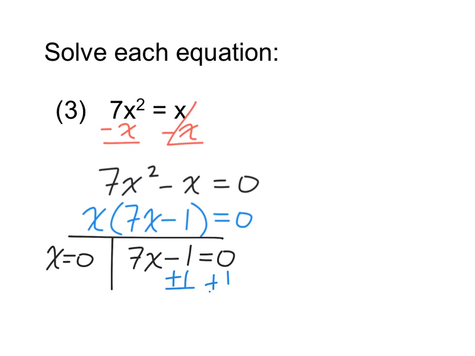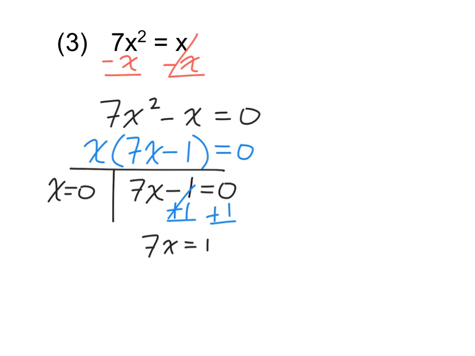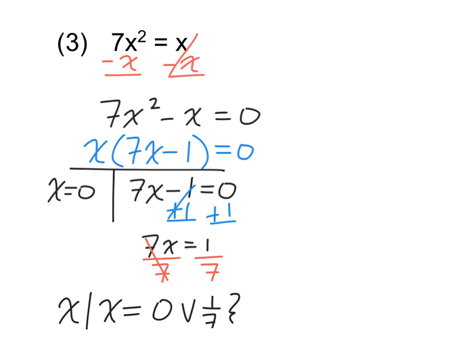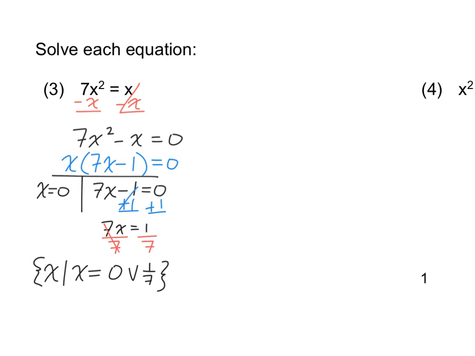Add 1, then divide by 7. All right. So we'll get 2 answers, x such that x would be equal to 0 or 1/7. So the factoring was easier, provided you recognize what type of factoring it was.